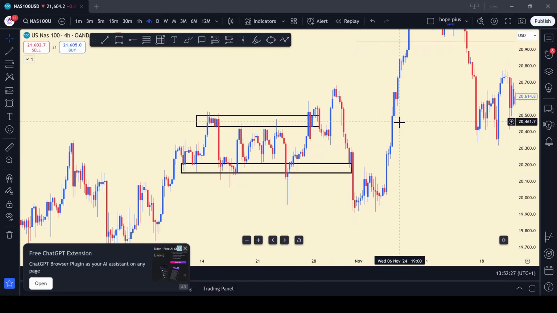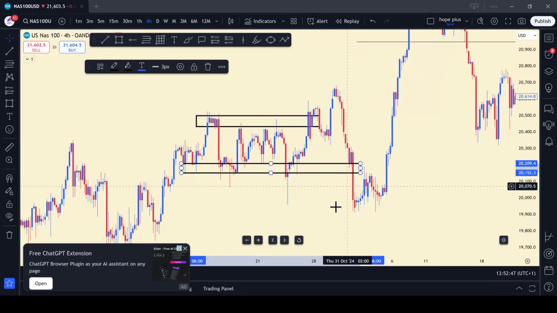So you should not be part of the people who will be looking to buy at this level. If you bought here, you make money. You bought here, you make money. You bought here, you make money, even with a long drawdown, let's assume your stop loss was not hit. But if you end up buying here, what happened? Price went lower than this level here. That is the liquidity I'm talking about.